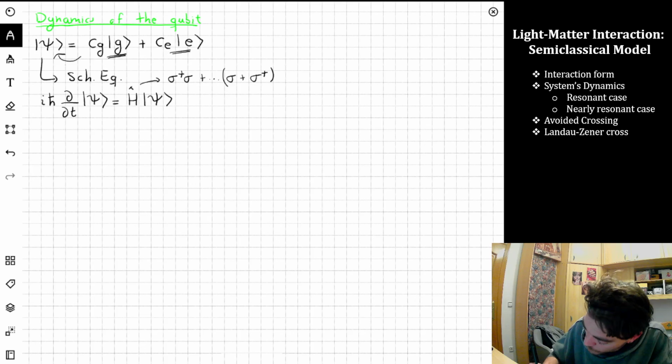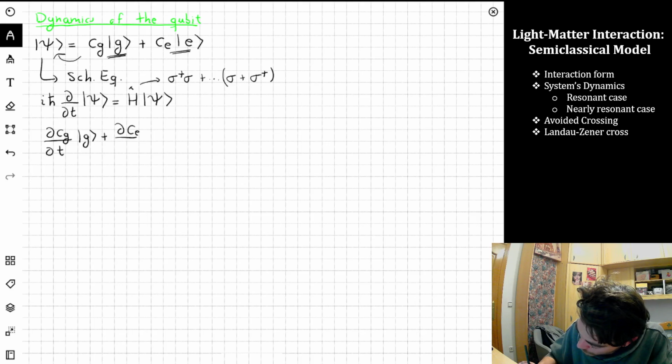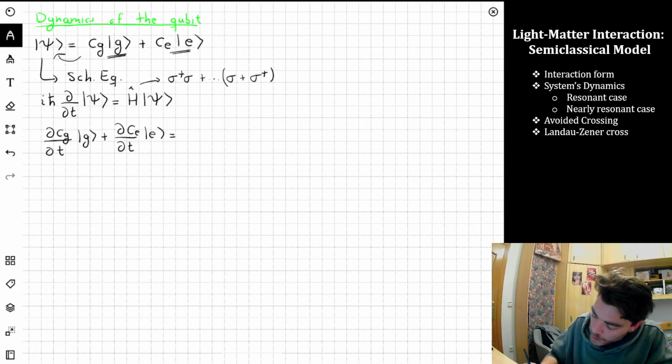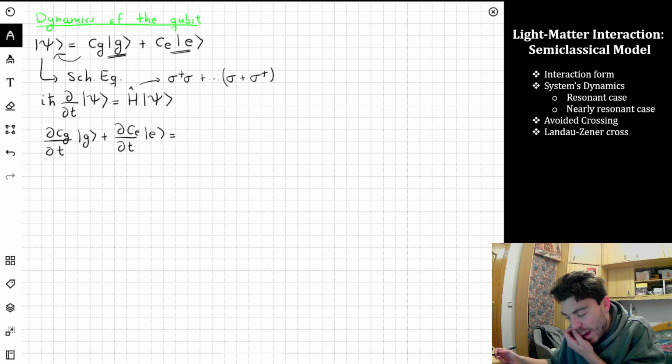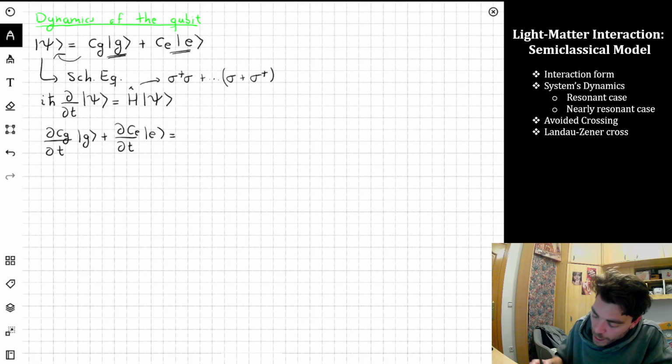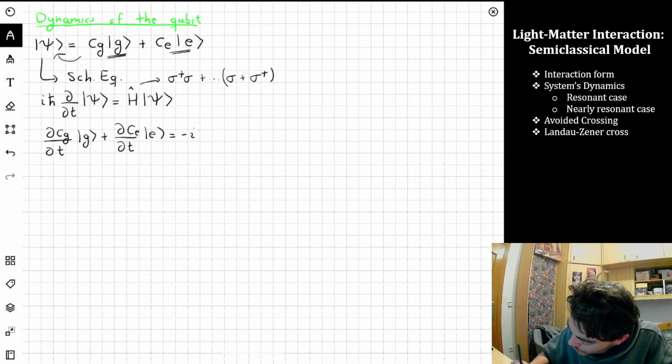And when one does that, one gets the derivative of Cg with respect to time times g plus the derivative of Ce with respect to time times e. This is the left side part. The h bar just appears on every side, so it just cancels, and the i I already put on the other side, so I'm just writing the solution to this little calculation. This is i omega 0 Ce times e.